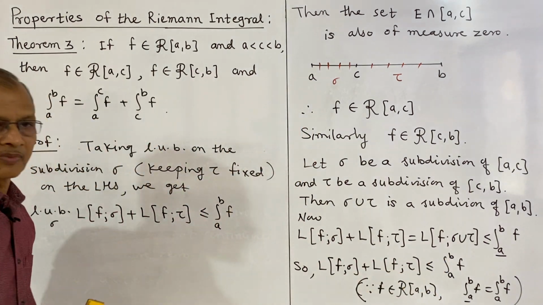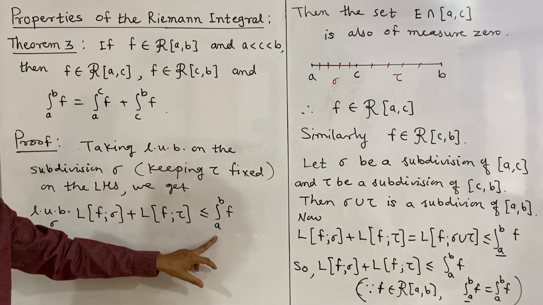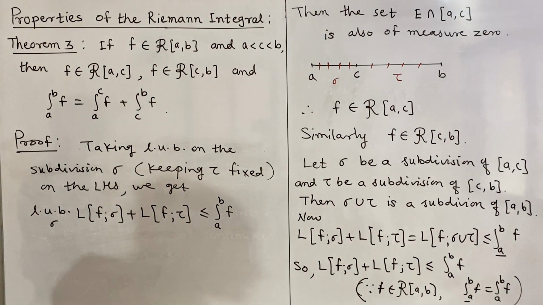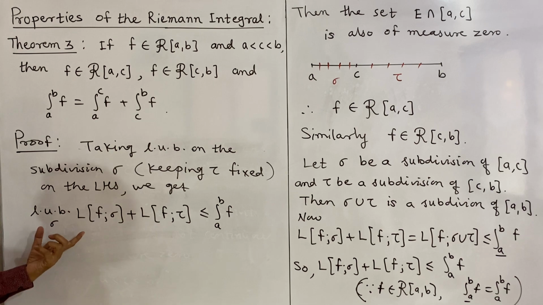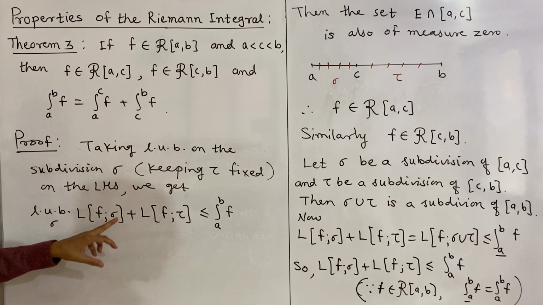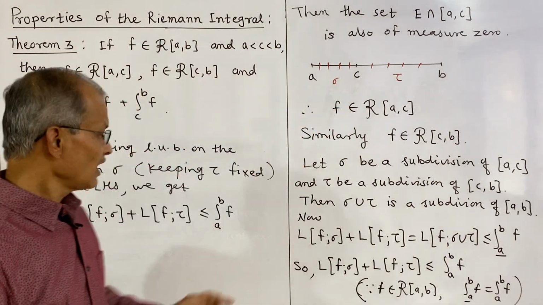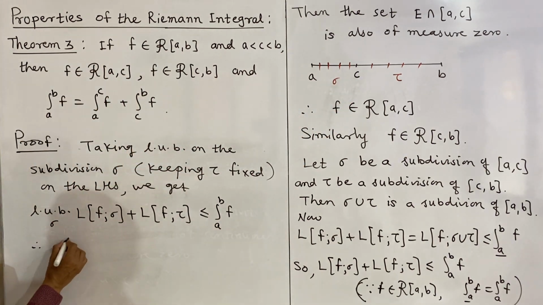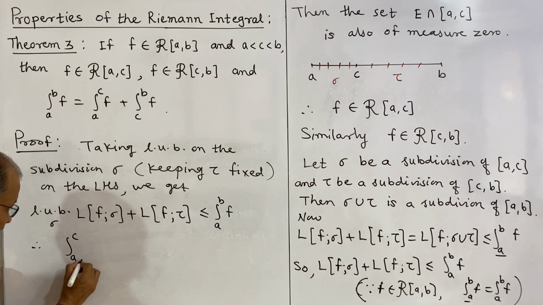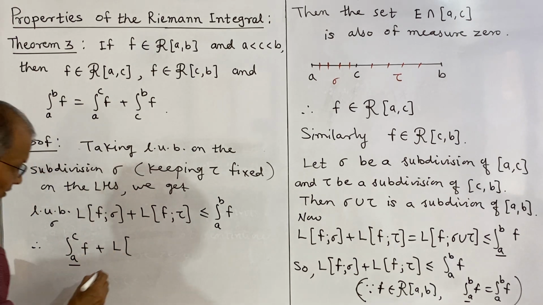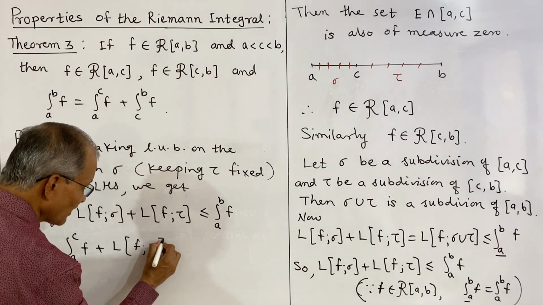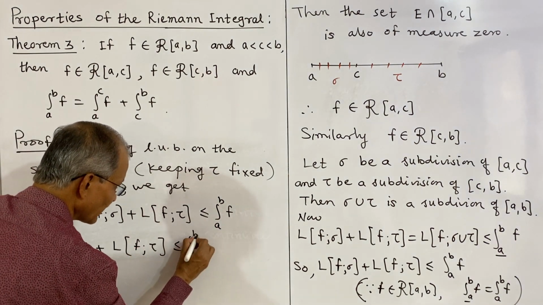This remains fixed because f is Riemann integrable and the lower integral is equal to the integral. By definition, the LUB of the lower sum of f on sigma is the lower integral, and sigma is a subdivision from a to c, so this is the lower integral from a to c of f, plus the lower sum of f on tau, which is less than or equal to the integral a to b of f.